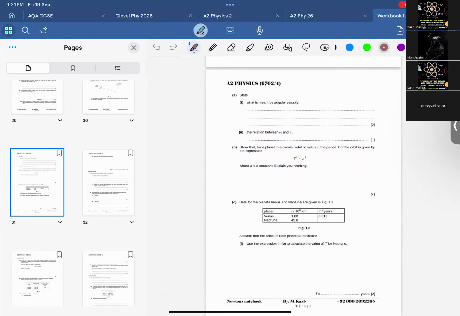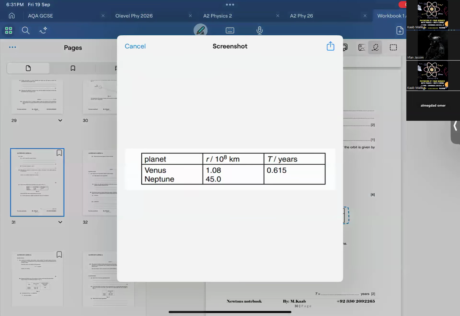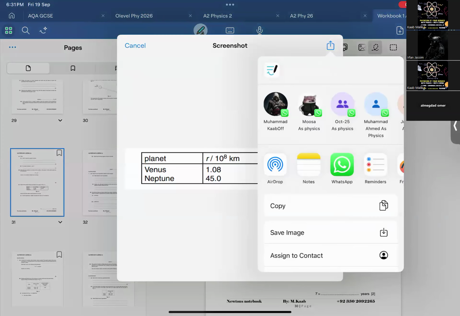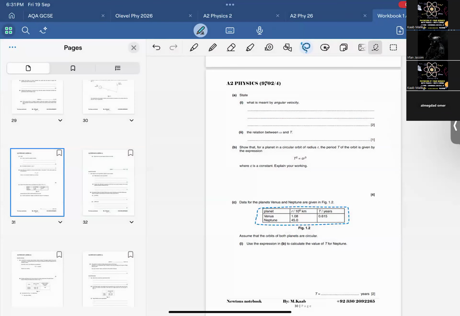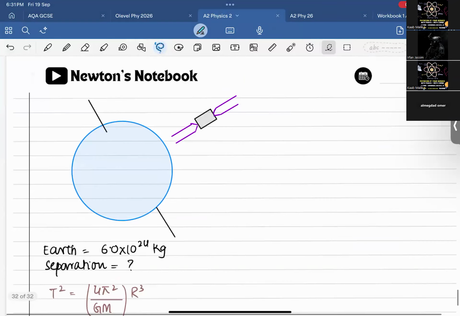Venus and Neptune. Okay, let me. Okay, copy and paste.